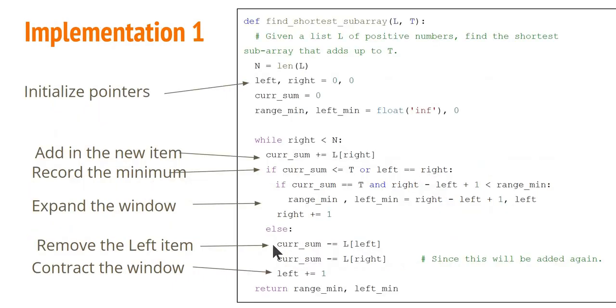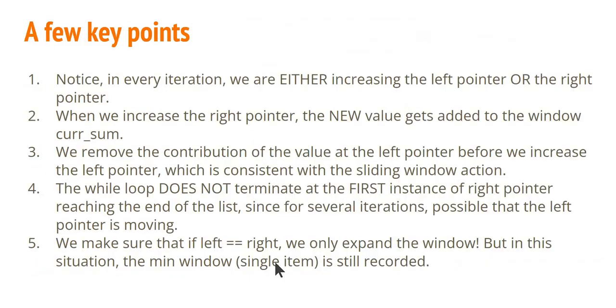What I meant here is that first I have removed the contribution of the left pointer, and then I have increased it, because I want to make sure the correct value gets removed. So this sequencing is very important. The while loop does not terminate when the right pointer first reaches the end of the list. We saw this because for several iterations it's possible that the left pointer is moving, as we just saw.